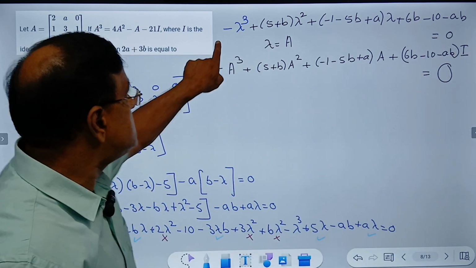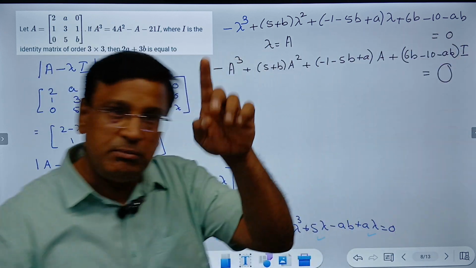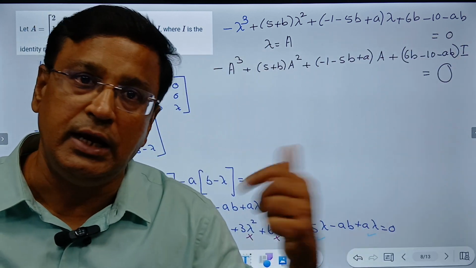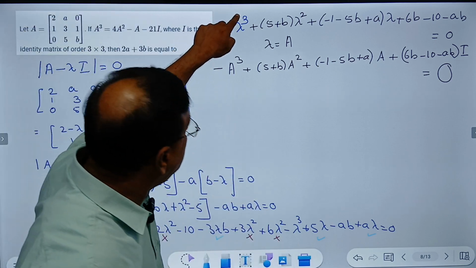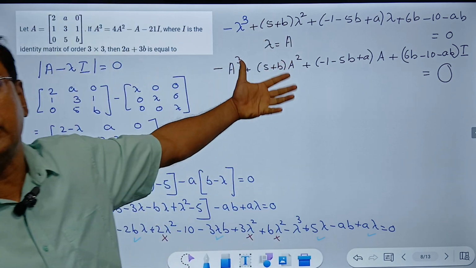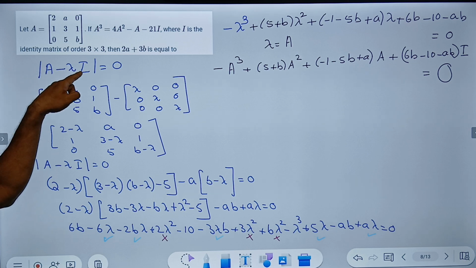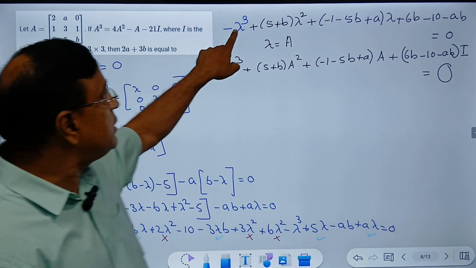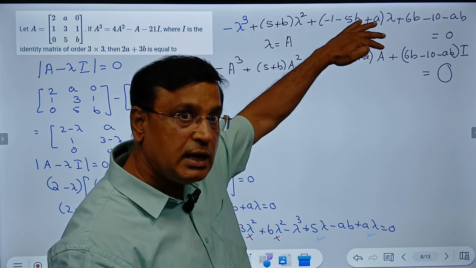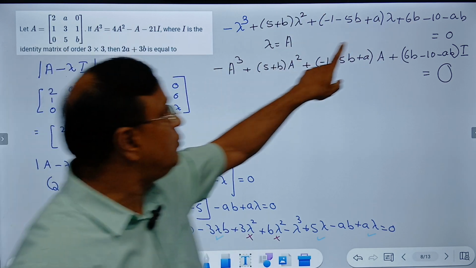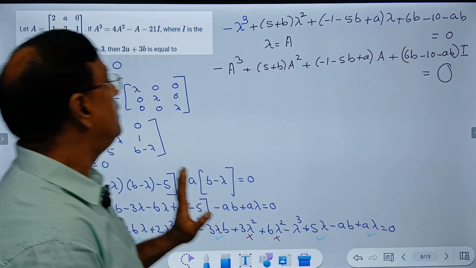See, this is a characteristic equation with lambda as an arbitrary scalar. But if you replace that scalar by a matrix, it becomes a matrix equation. So A minus lambda I gives you a characteristic equation in terms of lambda. If you replace lambda by a matrix A, don't forget to put I here.